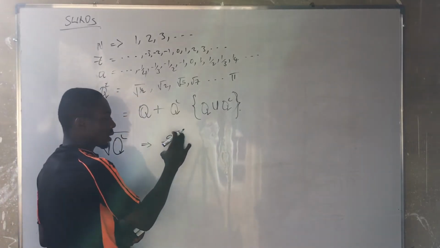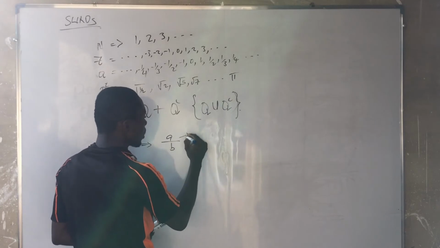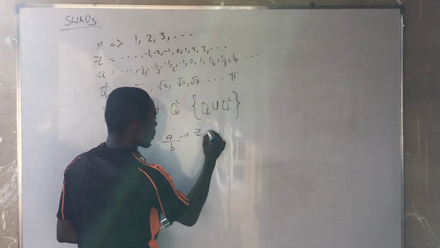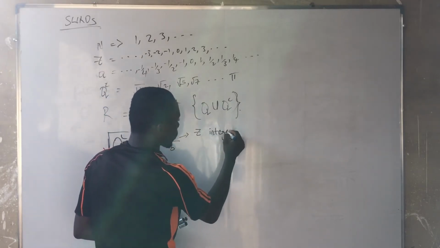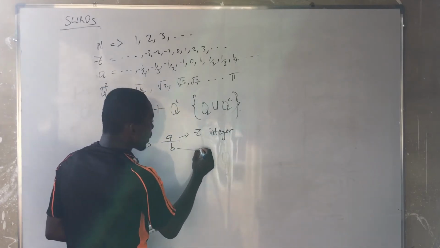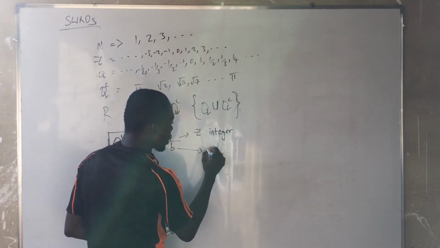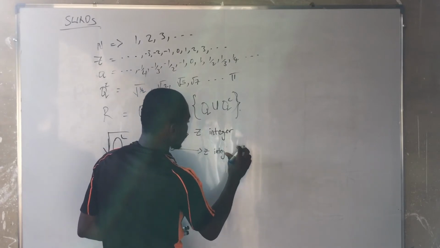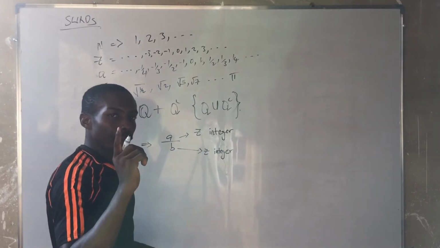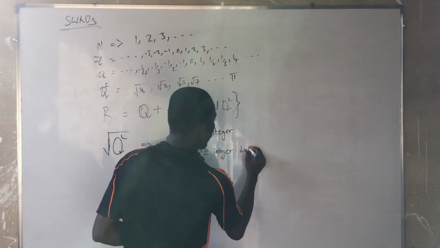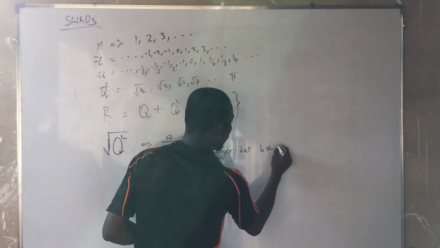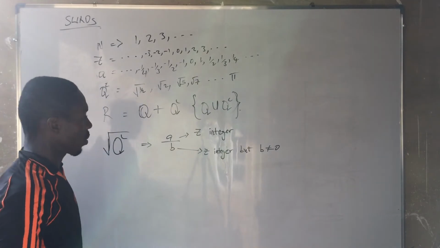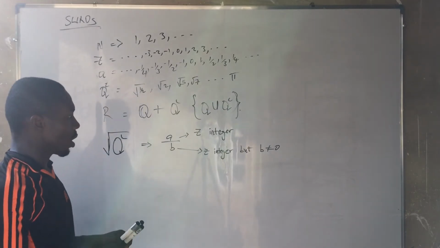So now we can also say that when you have A over B, a number is rational. A here is an integer and B here is also an integer. But B cannot be equal to 0. B cannot be equal to 0.